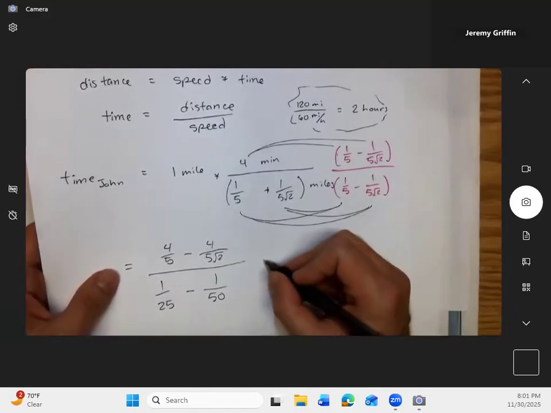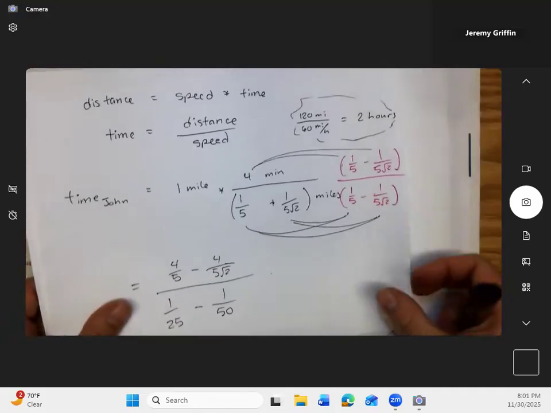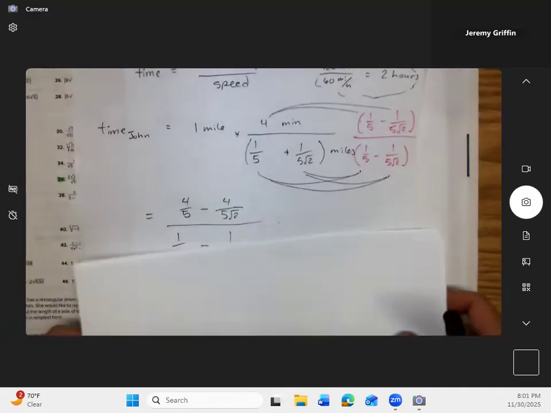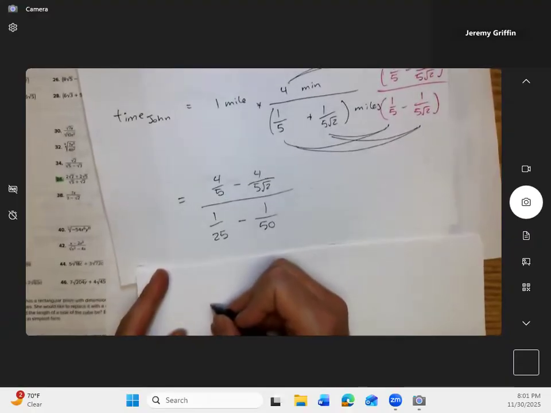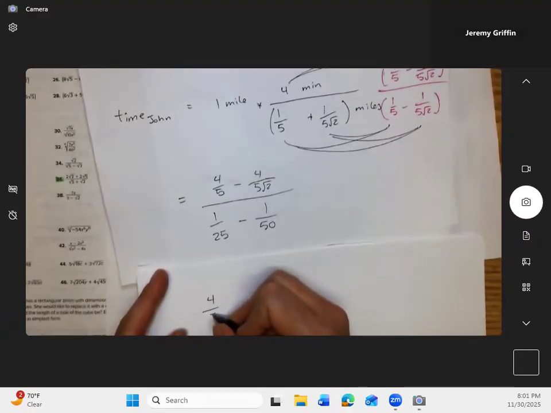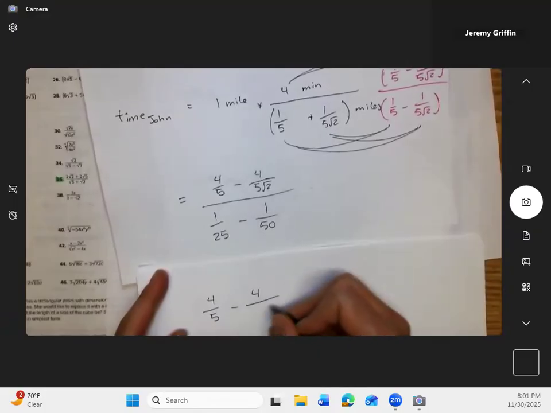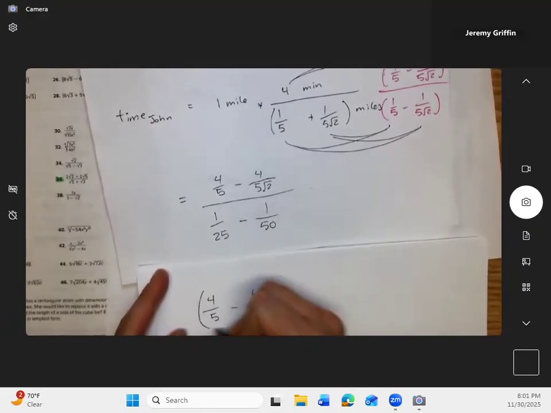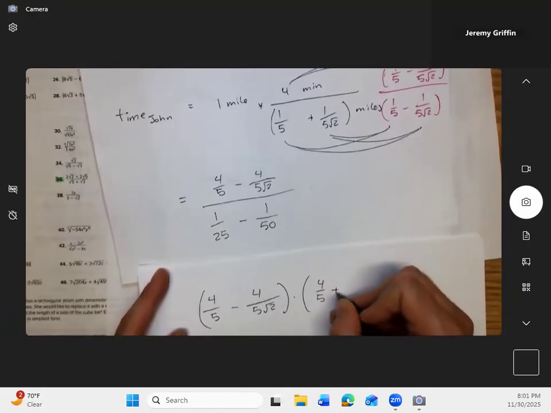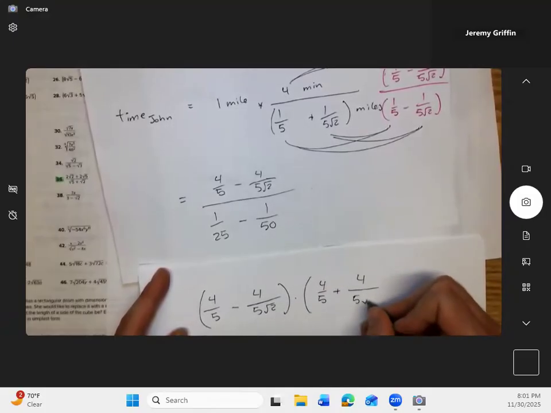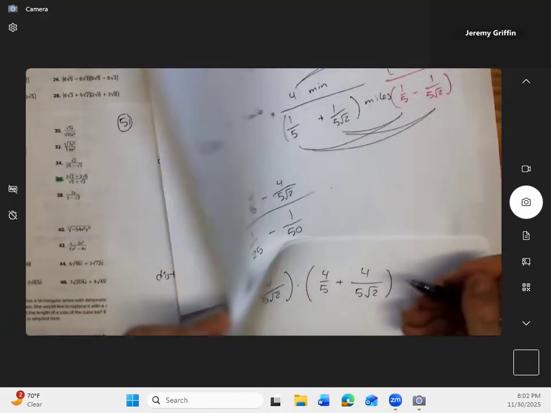Okay. But you know what? I also have to clean up this numerator because now this also has a denominator in it. Let's do that. So 4/5 minus 4/5√2. I'm going to multiply this by 4/5 plus 4/5√2.